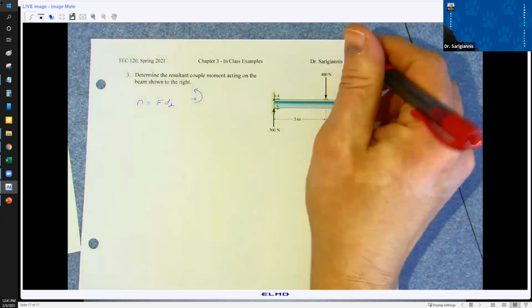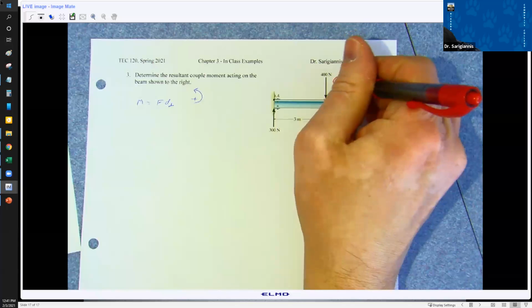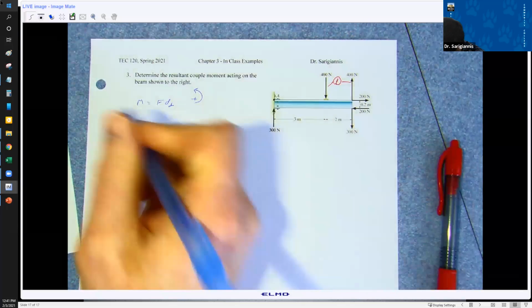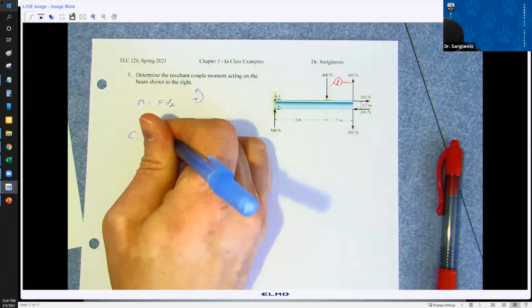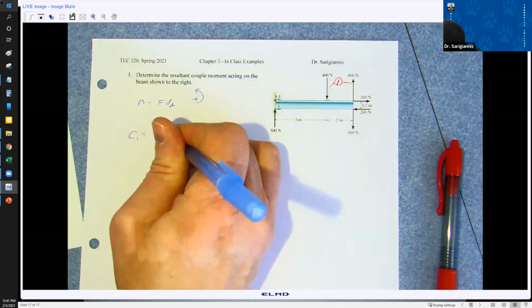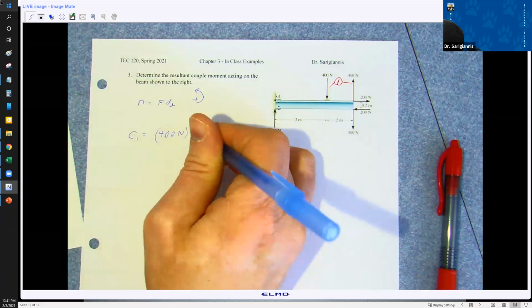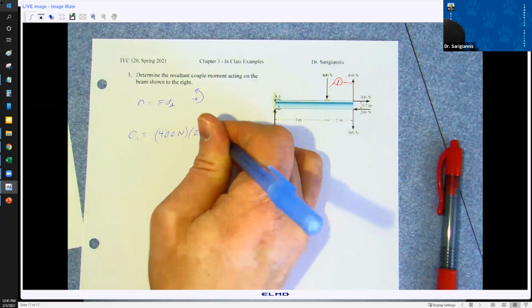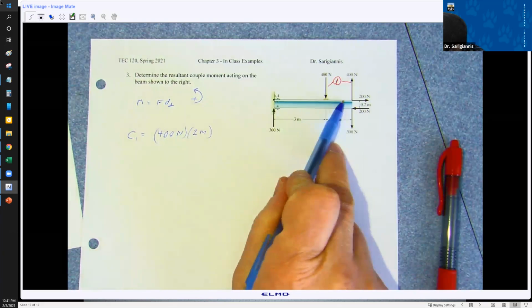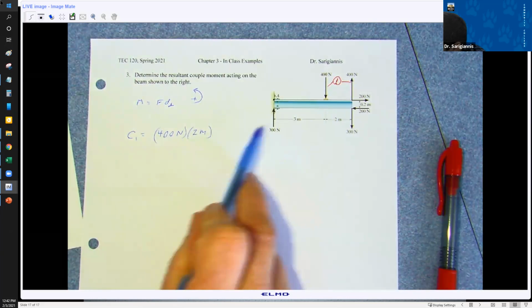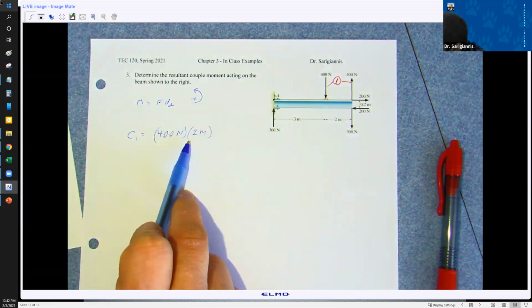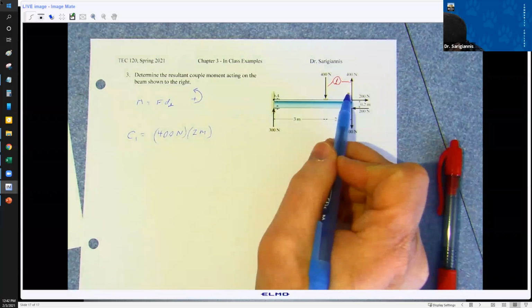Let's call this couple number 1 up here, the 400 Newton. So C1 is going to be 400 Newtons times 2 meters. These are the forces, and the perpendicular distance between them is 2 meters. And I want you to see which direction this couple is creating, a counterclockwise or a clockwise moment.